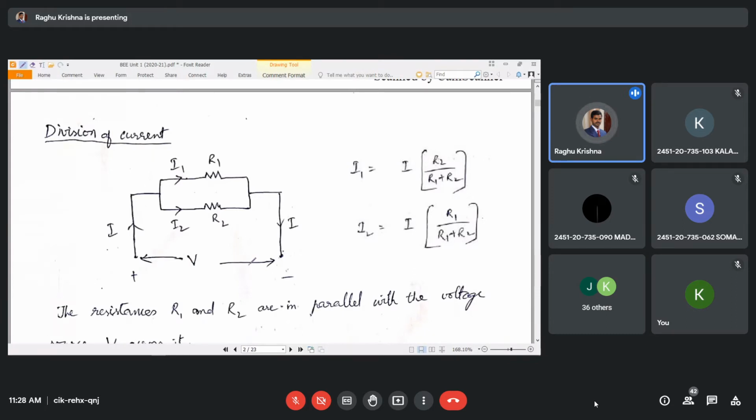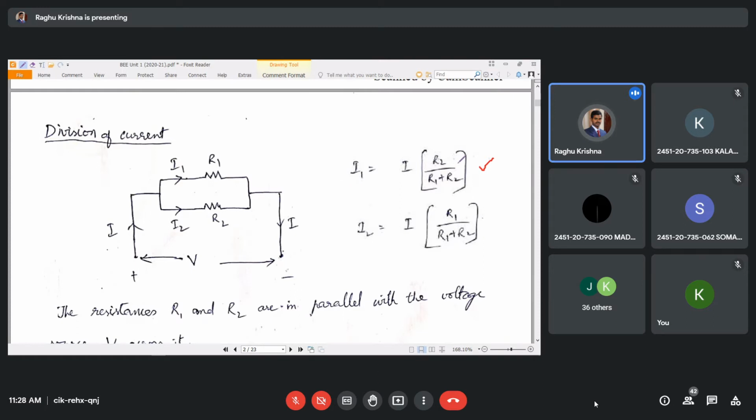Now you can see the positive and negative sign. Here, current I1, I am going to express in terms of the total current I. See how it is expressed. This is the equation. So I1 is equal to total current I into R2 by R1 plus R2.